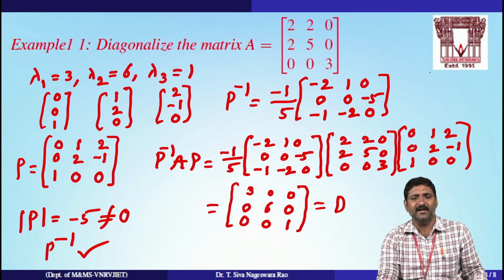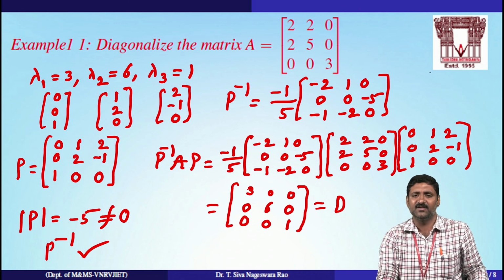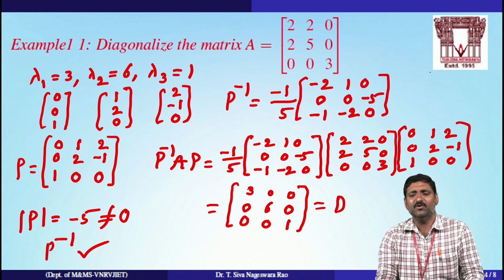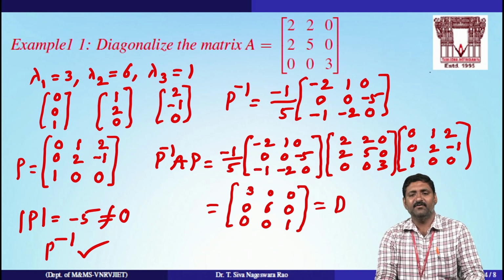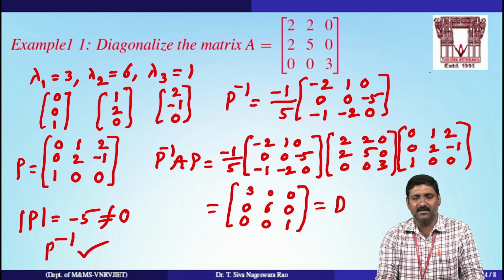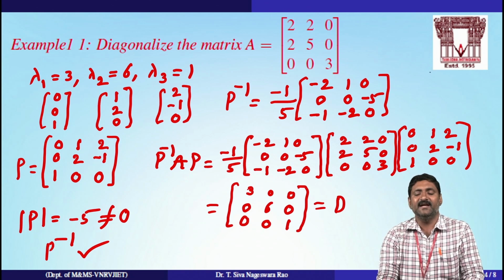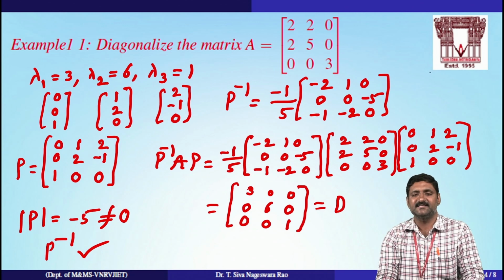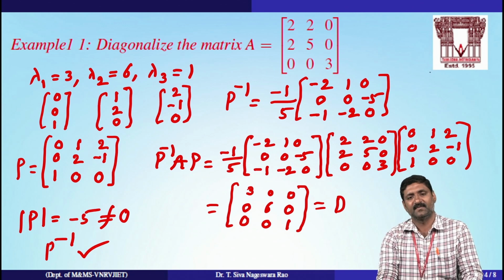Now I am going to explain one more example, diagonalization of the given matrix if out of 3 eigenvalues, 2 eigenvalues are repeated and 1 is distinct. And one more thing you need to remember, my dear friends: after finding eigenvalues and eigenvectors, when you create the model matrix capital P with eigenvectors, if det P is equal to 0, then the given matrix is not diagonalizable.